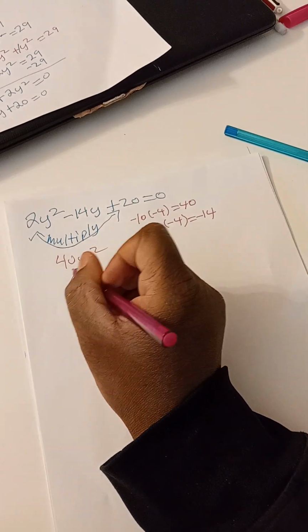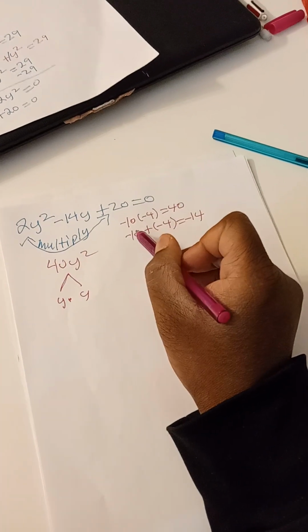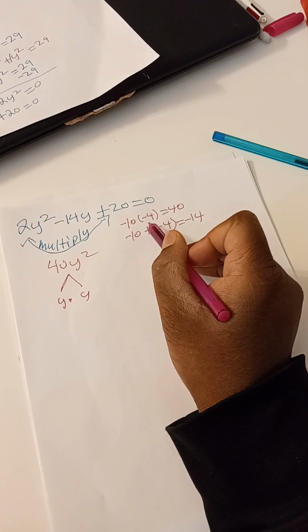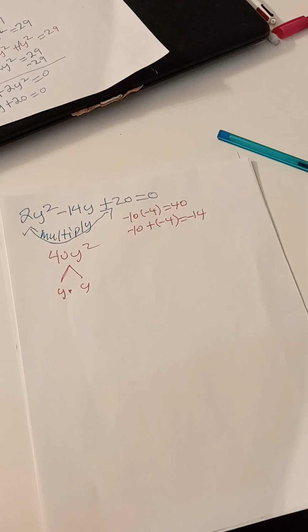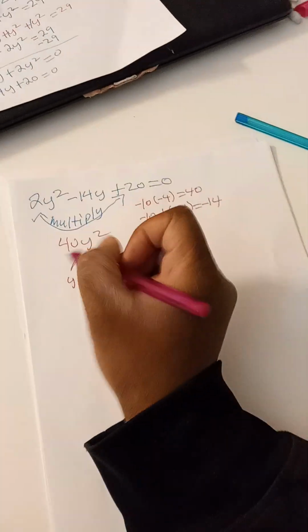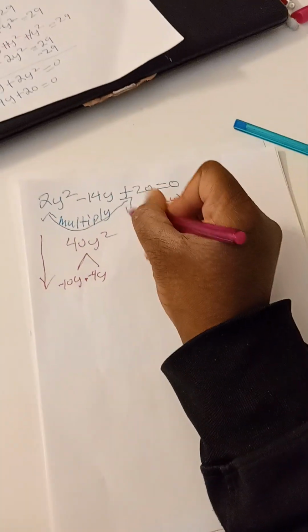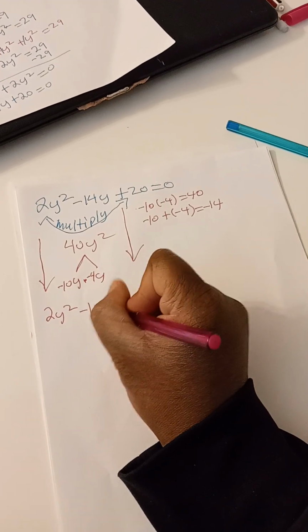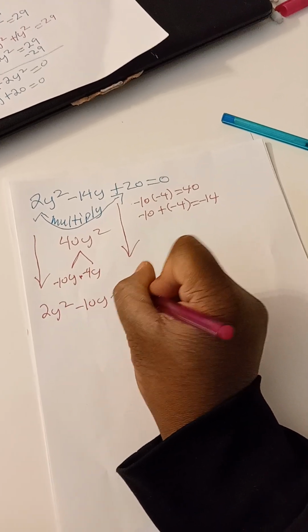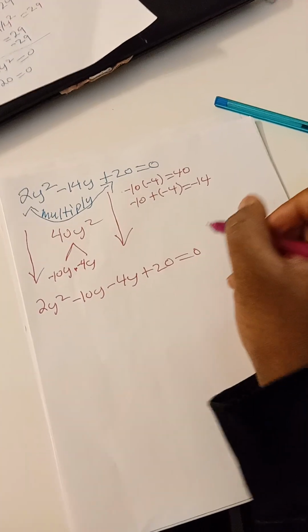And y squared is equivalent to y times y. So we met the criteria: negative 10 times negative 4 is equal to 40, and negative 10 plus negative 4 is negative 14. So we bring down our first and third terms: 2y squared minus 10y minus 4y plus 20 is equal to 0.